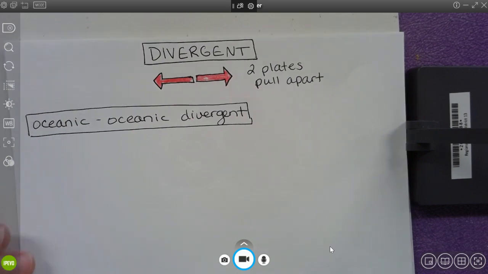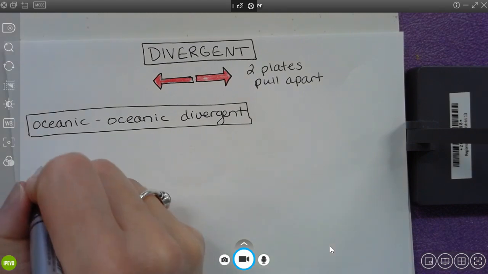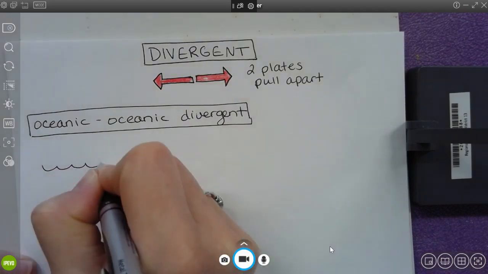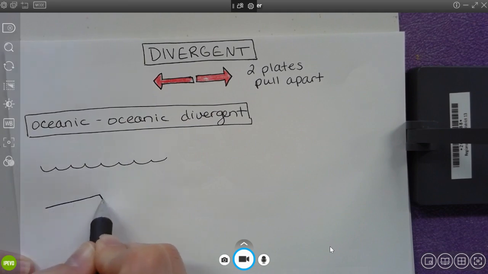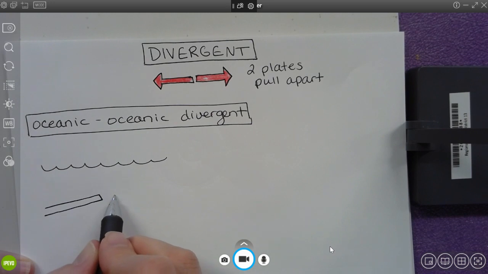So to start my drawing, I'm going to draw some water. Beneath that water, I'm going to show that I have an oceanic plate on one side, another oceanic plate on the other.